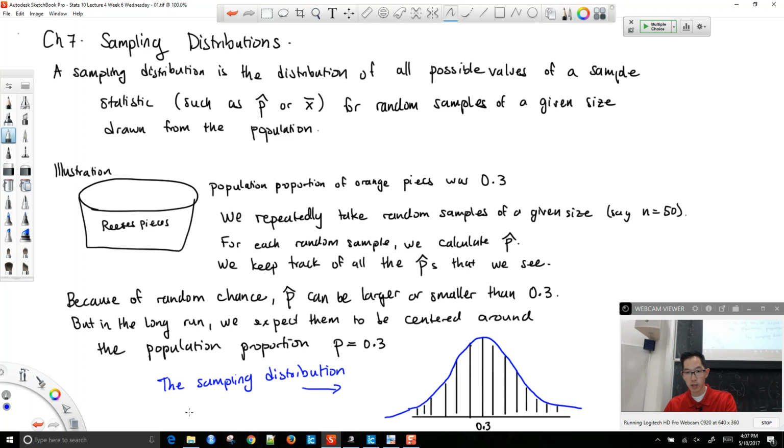Something is happening. The sampling distribution looks like the normal distribution.